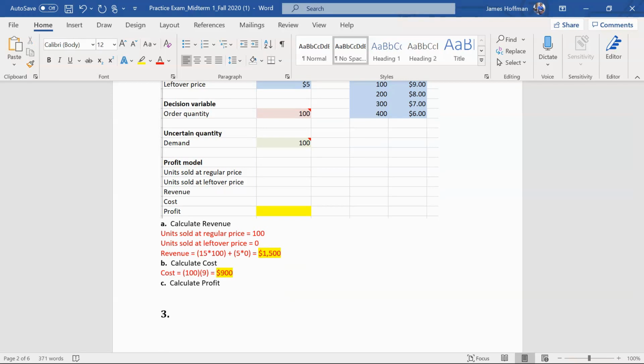So profit, part C. Profit is revenue minus cost. Revenue is 1,500, cost is 900, and that gives us a nice profit of $600, right?